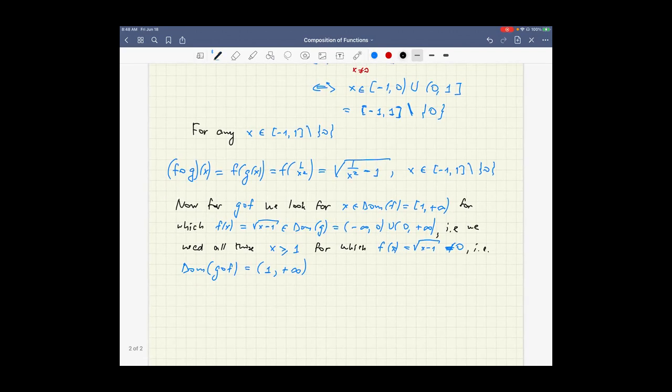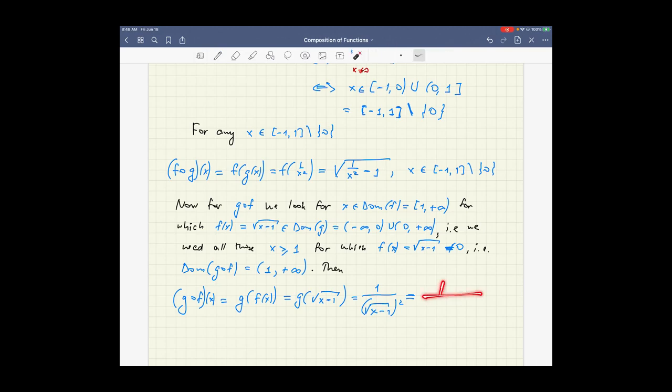And when we compute g composed with f, that's g of f of x, and f of x is root x minus 1, and g is the square reciprocal function, root of 1 over argument squared. Now this time I don't need the absolute value.